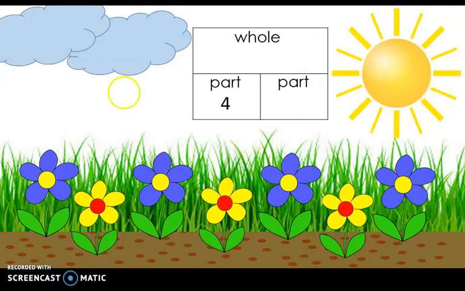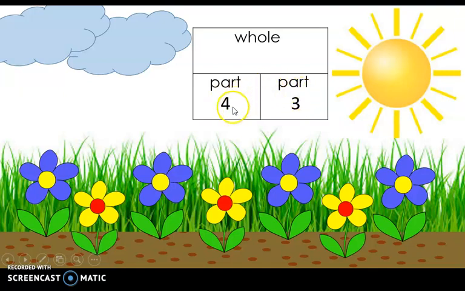That means that the other part of my garden would be these yellow flowers. So let's count the yellow flowers together. 1, 2, 3. So up here for the other part, I'm going to say 3. So the two parts of my garden: there are 4 purplish blue flowers and 3 yellow flowers.